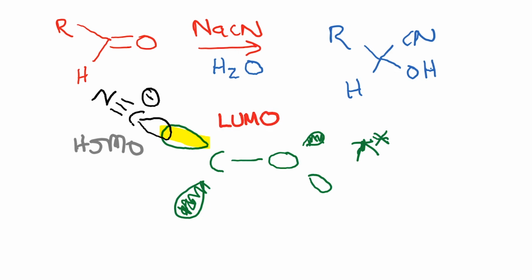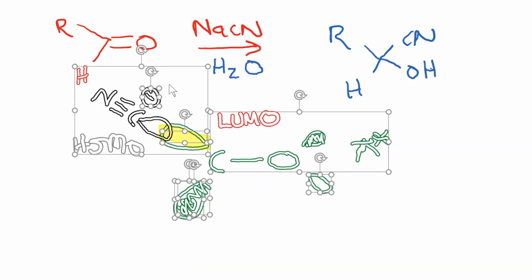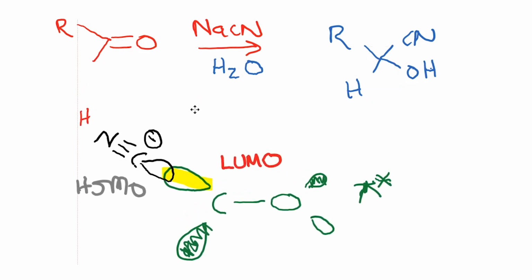This is the picture that starts emerging when we want to understand how carbonyls react. I'm just going to push this down a little bit so that we can get more space. So the HOMO of cyanide reacts with the lowest unoccupied molecular orbital of the carbonyl compound, and that becomes a good starting point for us to understand the stereochemistry of addition and so on.